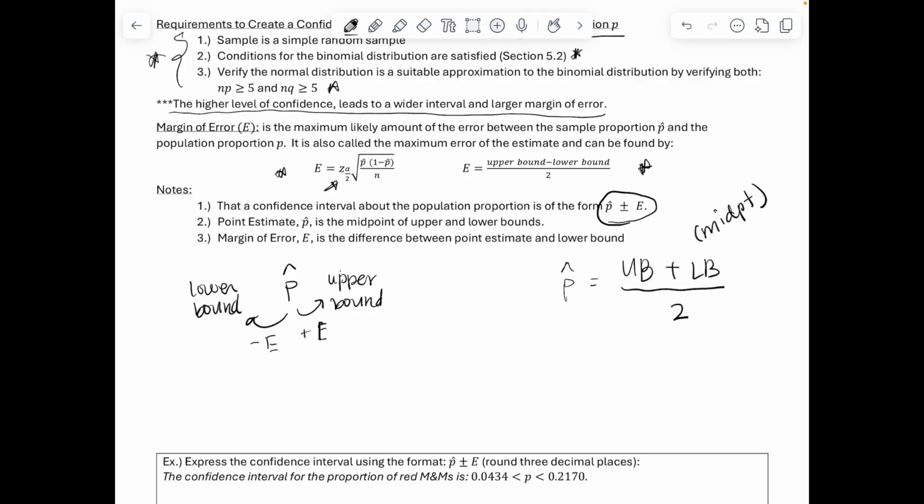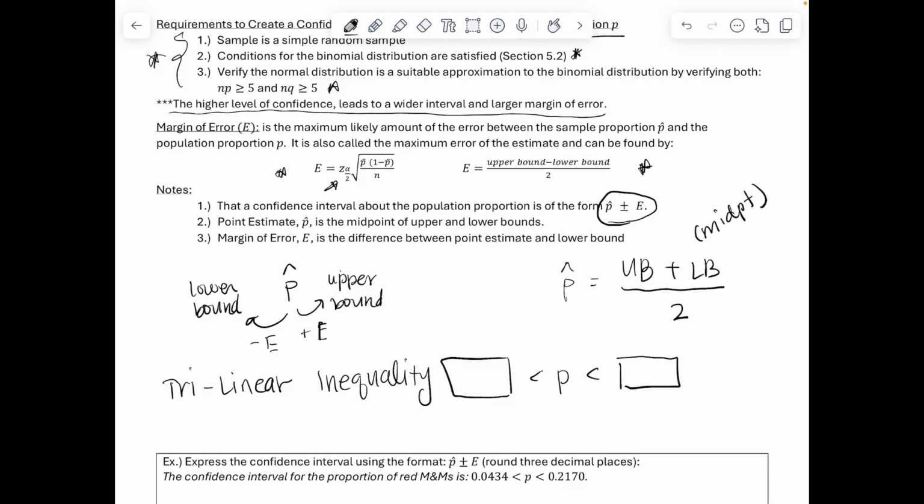And then for my open math, sometimes she's going to ask for a trilinear inequality. And she'll have it written with p hat and e, asking for those values, and it will also be given with some blanks where you would have to fill them in.